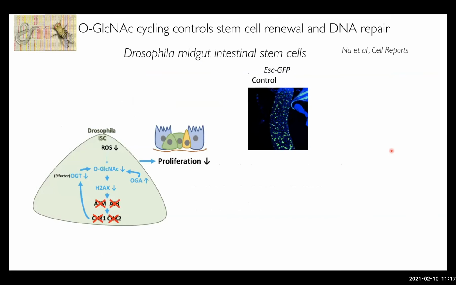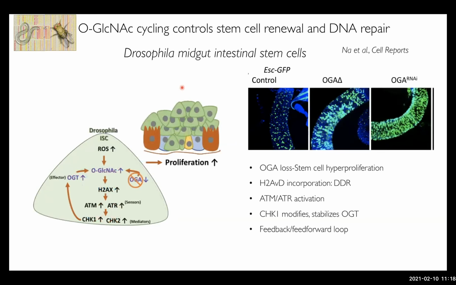And this work really came out of work in the fly, in which we looked at the so-called stem cells associated with the intestine and the gut. And the gut in the fly is regenerated very rapidly, allowing you to monitor these GFP-containing stem cells and identifying them, and using that transcriptional system to regulate such genes as O-GlcNAc and other reporter genes.